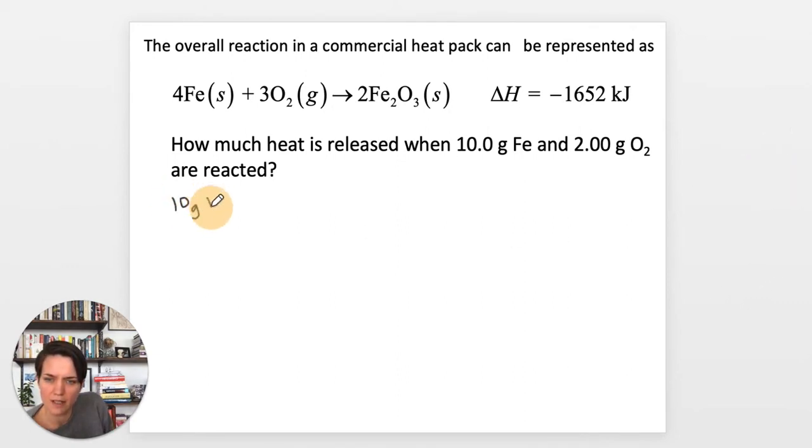10 grams of iron divided by that 55.85, is that right? Is going to give us our moles of iron, which is 0.18.